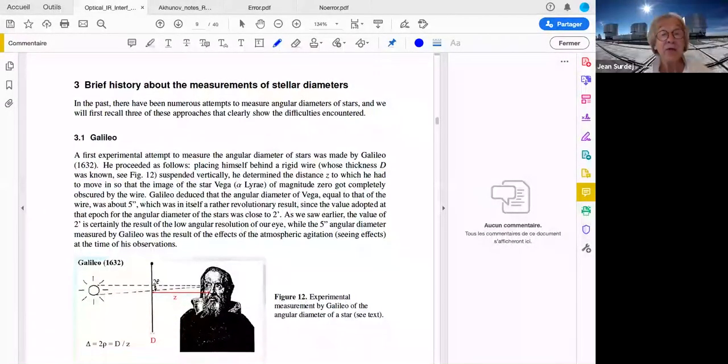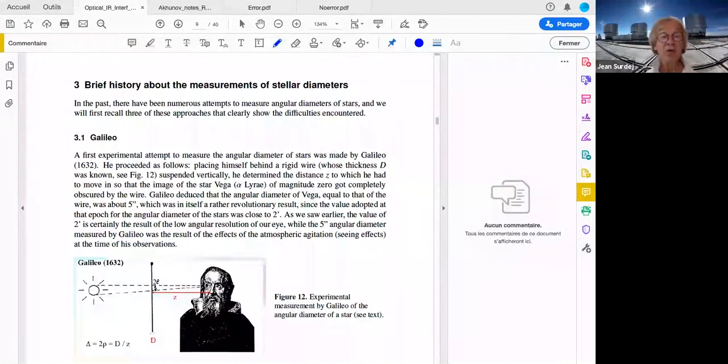And during the first lesson, there is a little bit about the history of the measurement of stellar diameters, first by Galileo. And I invite any participant interested to do that experiment.